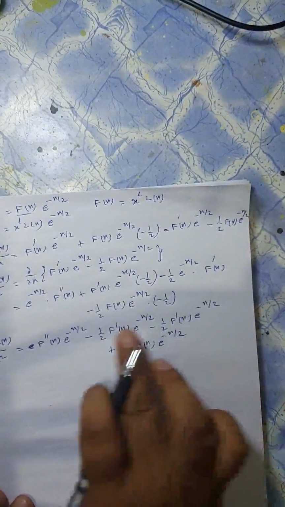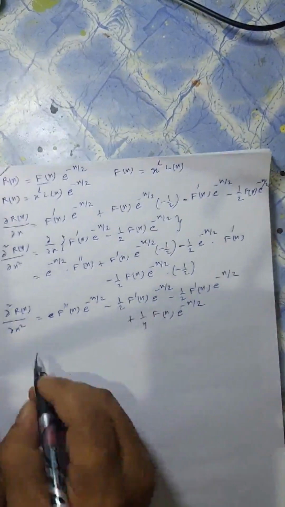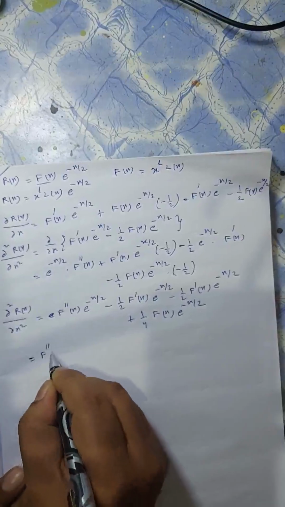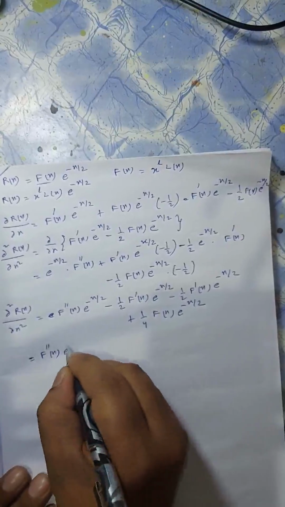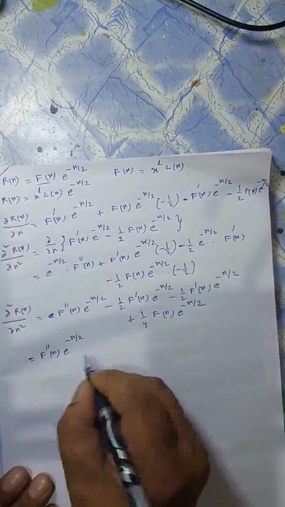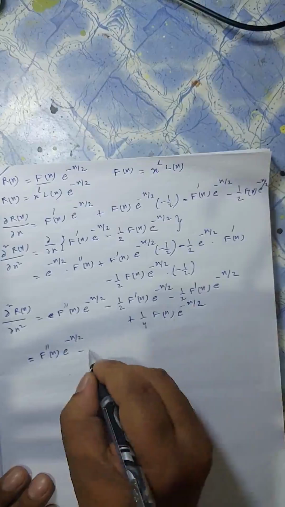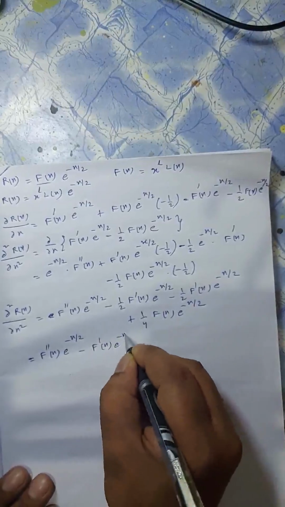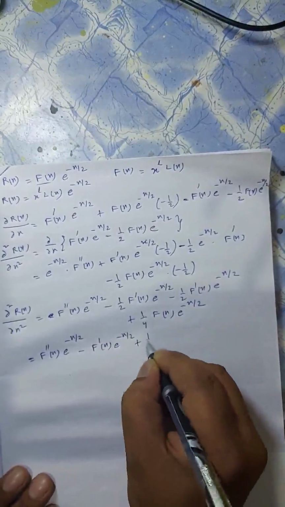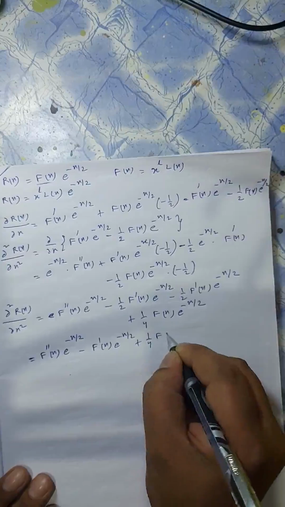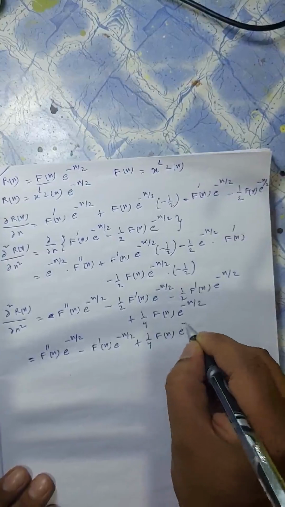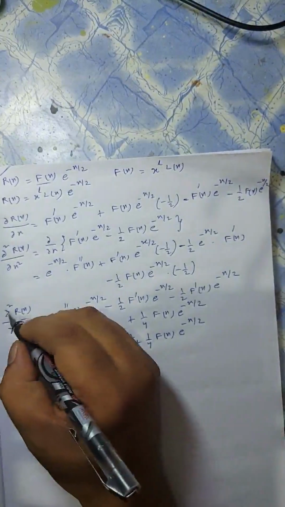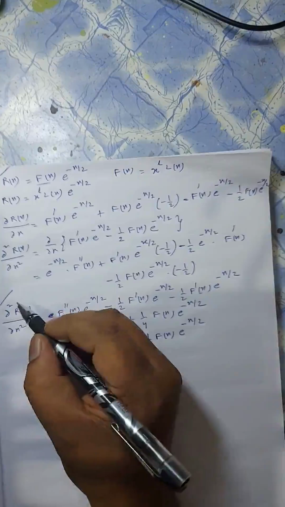These two things are the same. Half plus half will remain as 1. So this value will come as f double dash x e to the power minus x by 2 minus f dash x e to the power minus x by 2 plus 1 by 4 f(x) e to the power minus x by 2.